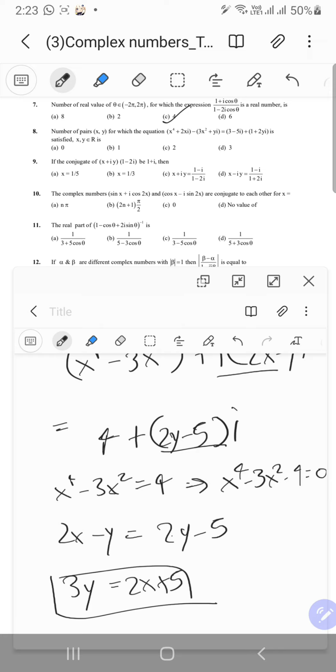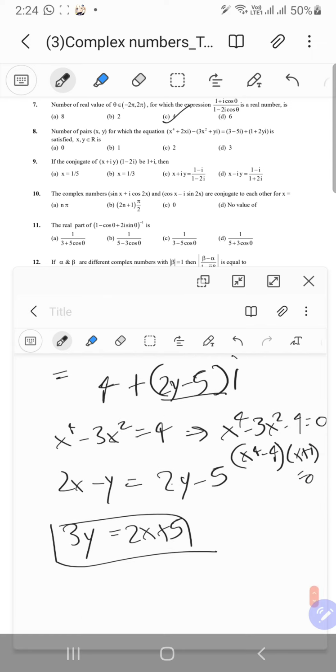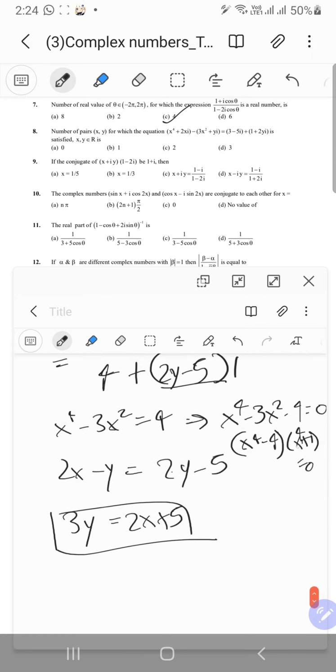Well, minus 4 is minus 4 into 1. So x squared minus 4 into x squared plus 1 equals to 0. Well, it's real numbers, so this is discarded. x squared equal to 4, so x equal to plus minus 2.